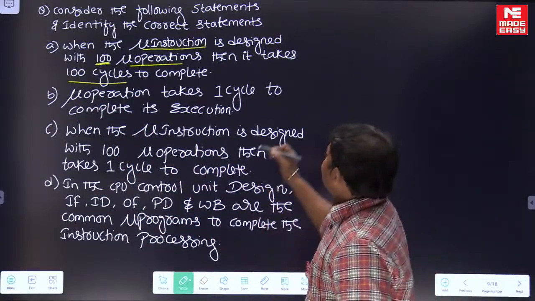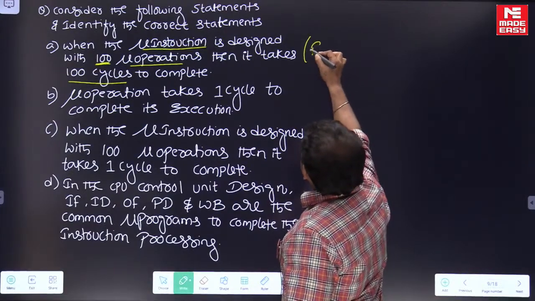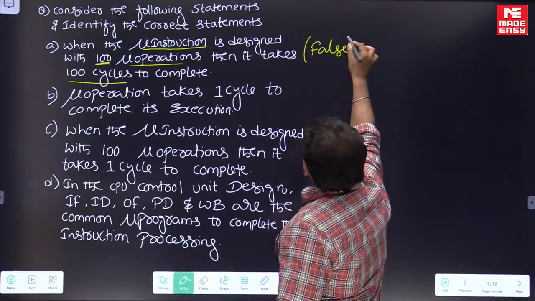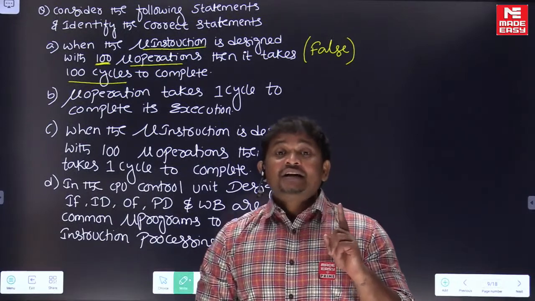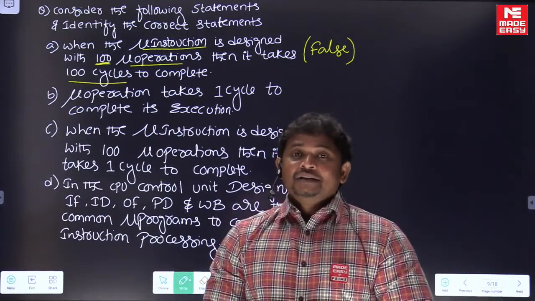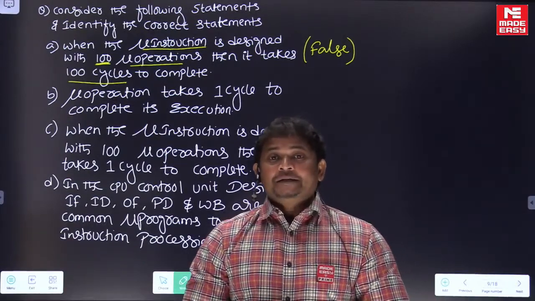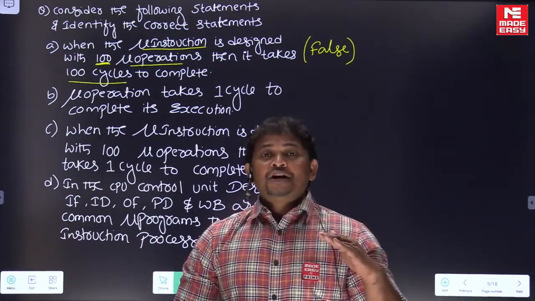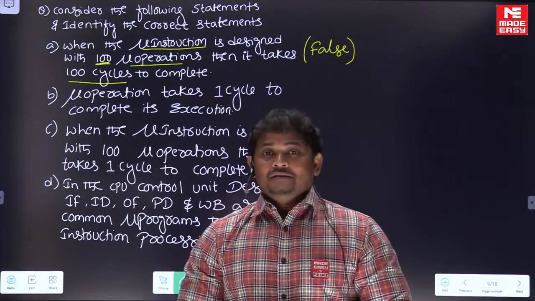Okay, is it true or false? This is a false statement. Why? You know that a micro instruction is designed with one or more micro operations. It takes one cycle to complete because all the micro operations run in parallel.